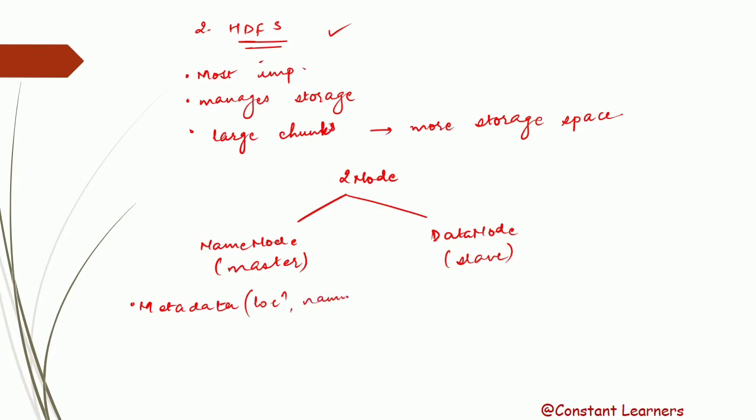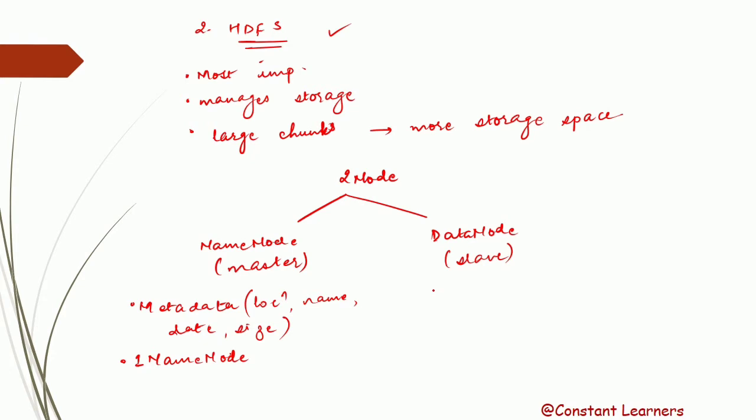We have the name of that file, then the date when that file was created, then there is the size of the file, how many GBs or how many MBs is the size of the file. So this name node also stores the metadata, and that is why there is only one name node in an architecture. Only one name node is required.